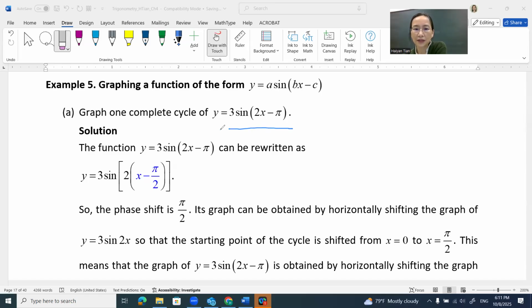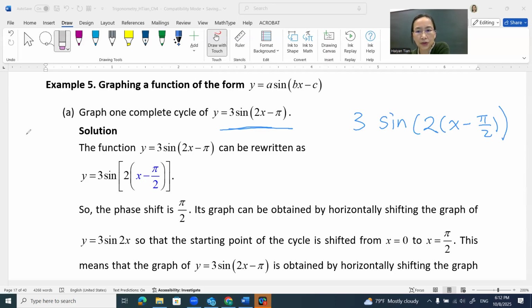We look at this function and I just rewrite it by factoring out 2.